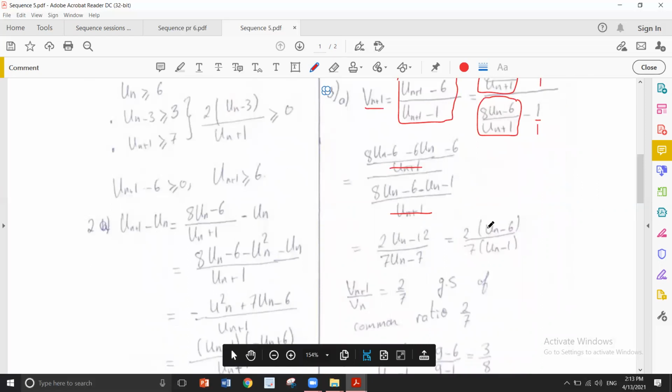I take 2 common in the numerator and 7 in the denominator. We see 2 into Un minus 6 over 7 into Un minus 1.